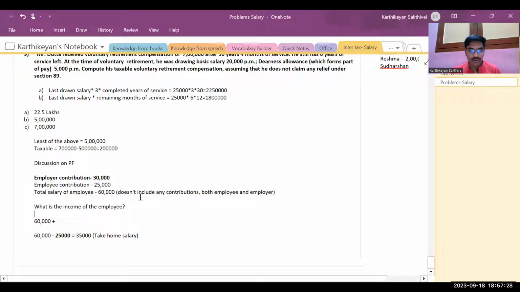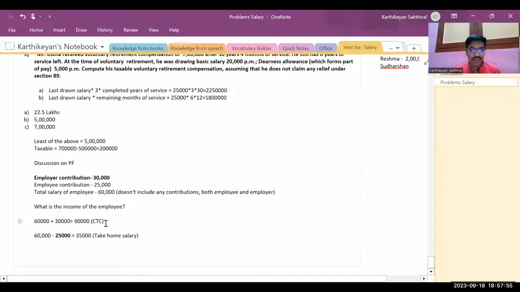Okay, so I'll put it this way, the 60,000 plus 30,000 will be my cost to company. They call it CTC, have you heard of it? Have you heard this term CTC? Cost to company. So my salary plus the employer's contribution to PF gives my CTC.